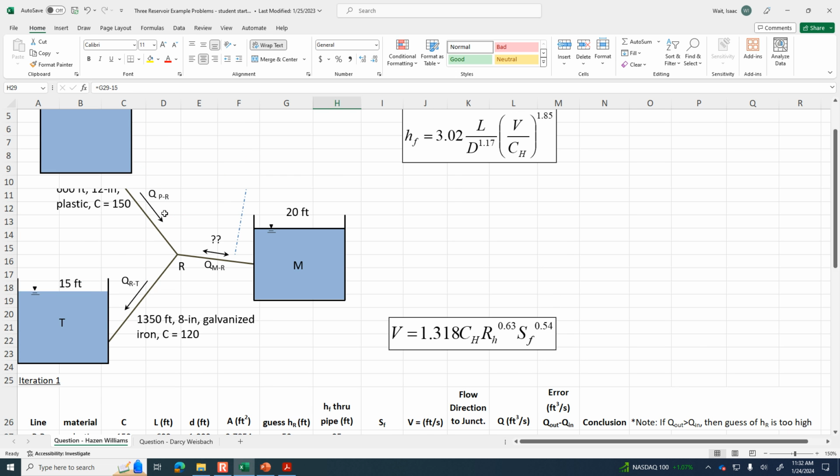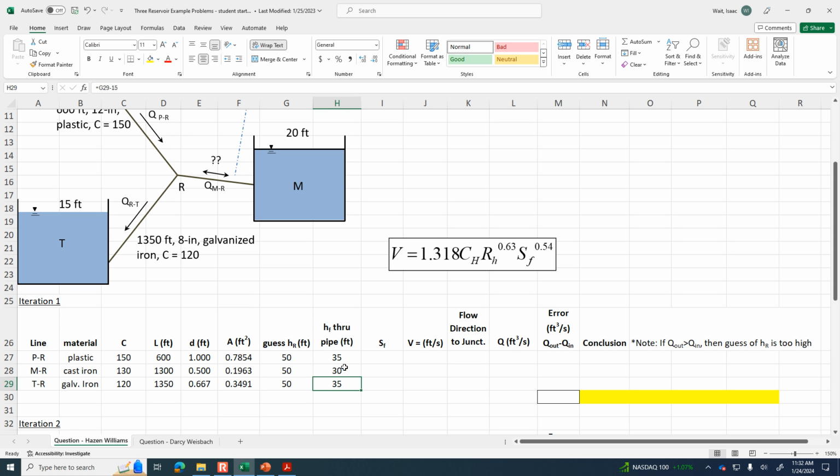So you have to know, is the guess head above or below the water surface? And then that tells you how to calculate the H sub F. The H sub F should never be negative. Head loss is always a positive quantity. How much energy is lost as the water's flowing through the pipe, that's always a positive quantity.